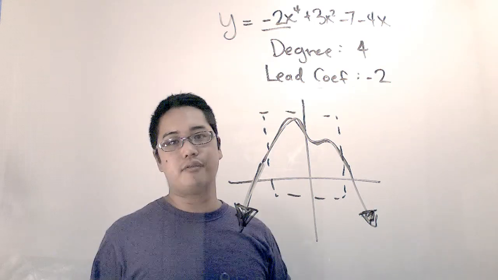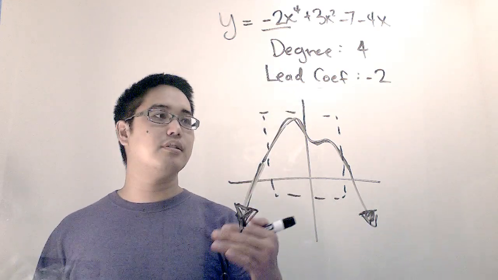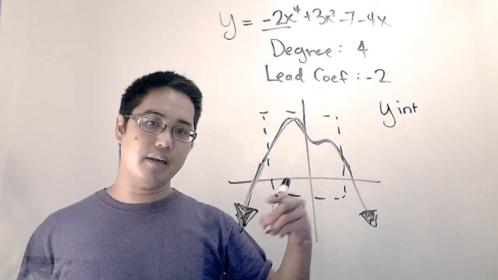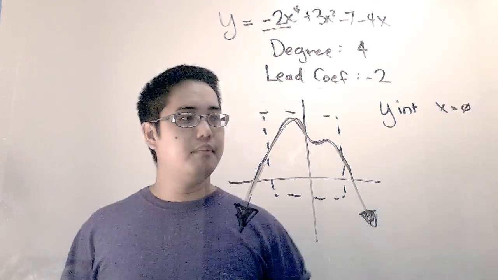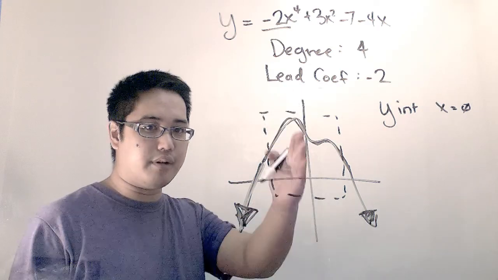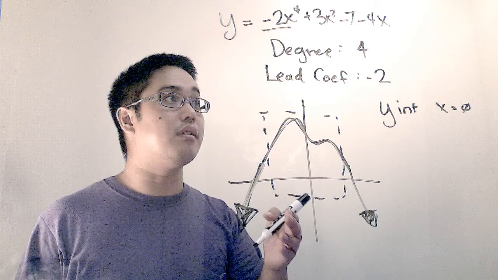There's one more piece of information that I can get just by looking at this, and that's the y-intercept. If you want to find the y-intercept, you always set x equal to 0, because you want to find it along this vertical line right here. If you're anywhere on this vertical line, x is equal to 0.